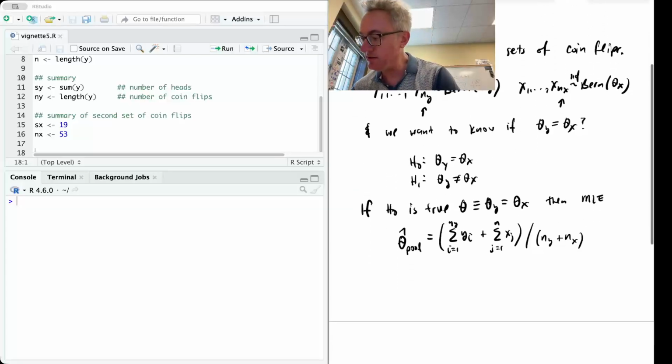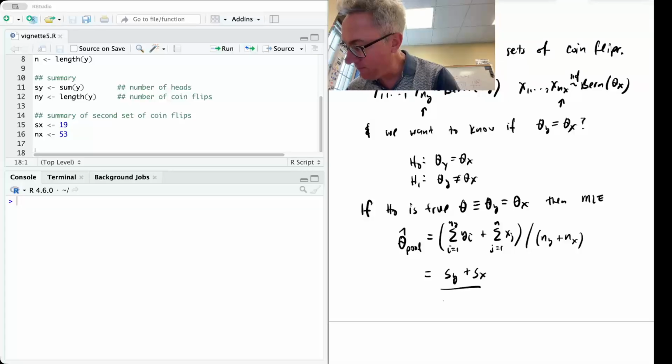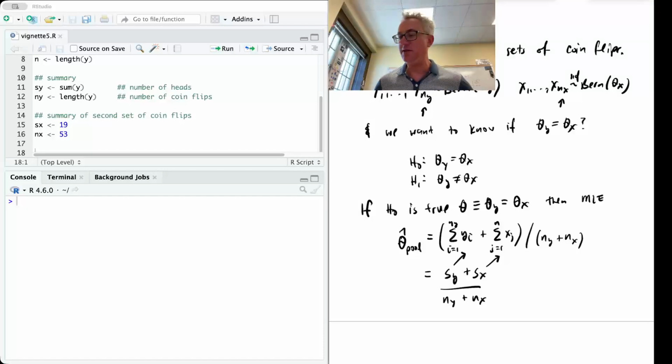And a compact way to write that would be sy plus sx over ny plus nx, where the sy's are just the sums of the y's and the sx is the sum of the x's.